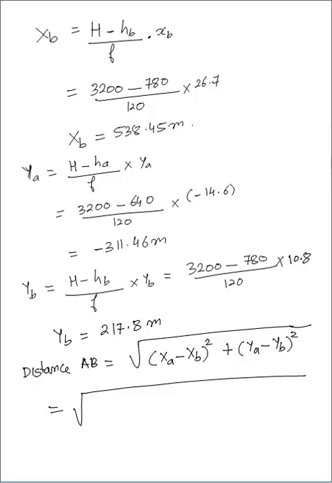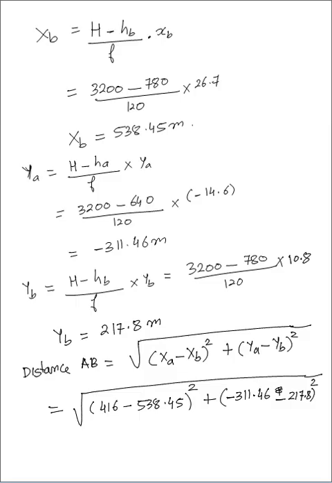XA was 416 minus XB, which is 538.45, whole square, plus YA minus YB, with the negative sign, so minus 311.46 minus 217.8, whole square.